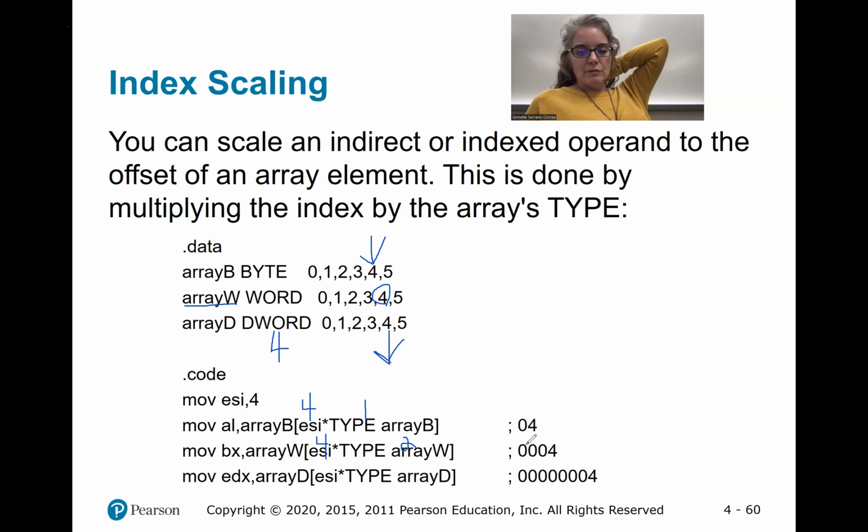Because this is 2 bytes, they write 0, 0, 0, 4. Because this is 4 bytes, they write 7 zeros and a 4. So you need 2 digits per byte. So this is 1, 2, 3, 4 bytes. This is a double word, just 4 bytes. Okay.